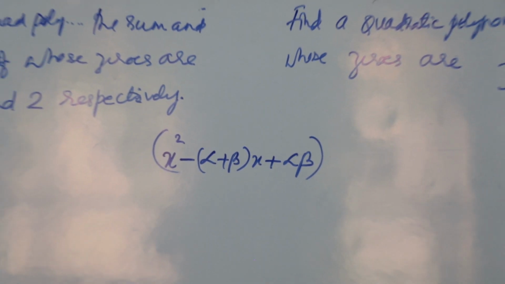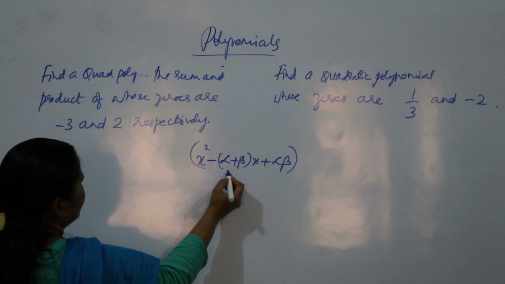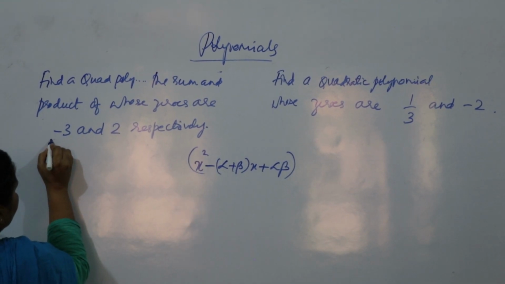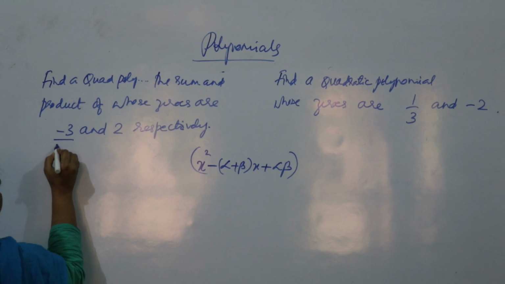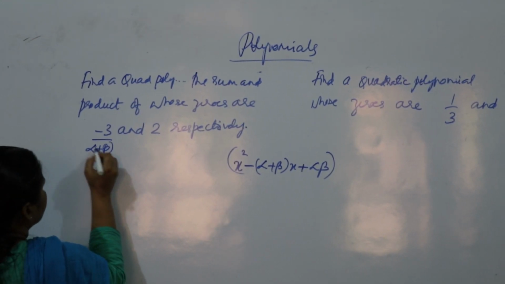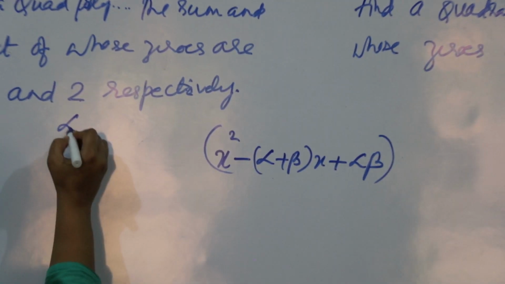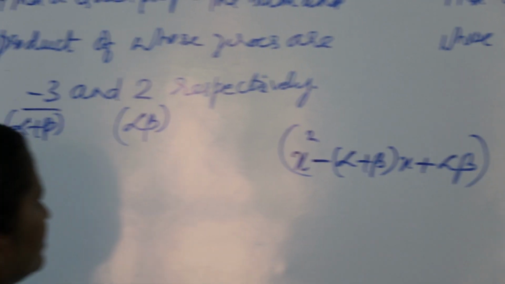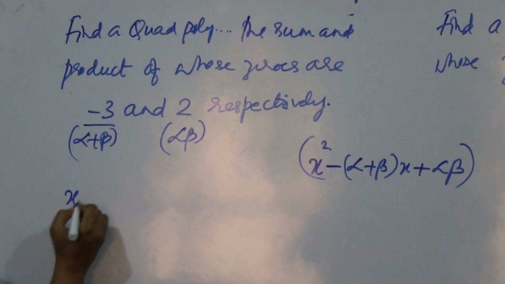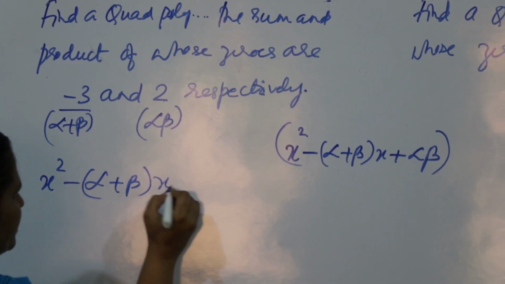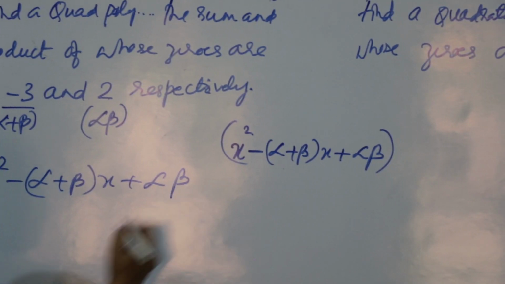Right? Okay. Now here, for this, what do we do? Actually, this is the sum and the product. They have already given them. This is alpha plus beta. And what is this? They have given the product, alpha beta. Right? So, write this form once again: x square minus (alpha plus beta) x plus alpha beta.